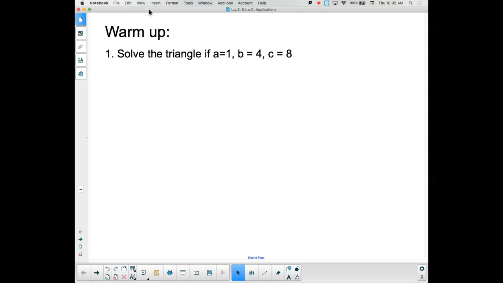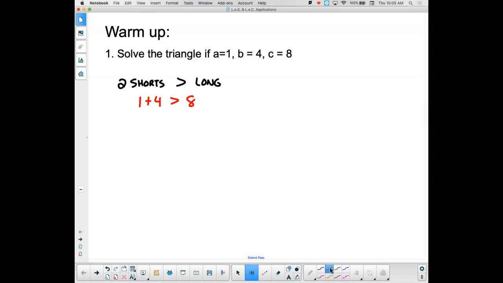So the two shorties have to be bigger than the long side, right? Okay? In this case, 1 plus 4 has to be bigger than 8, and 5 is not bigger than 8, so we don't get any triangle formed.